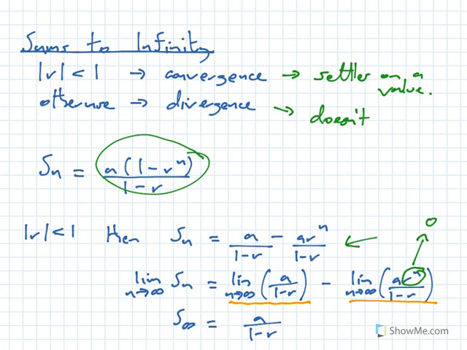If you put half in your calculator and times it by itself over and over and over again, you get closer and closer to 0. Because that's 0, the whole thing tends to 0. And so what we're left with is a nice neat formula for the sum to infinity of a geometric series. It's just a over 1 minus r.